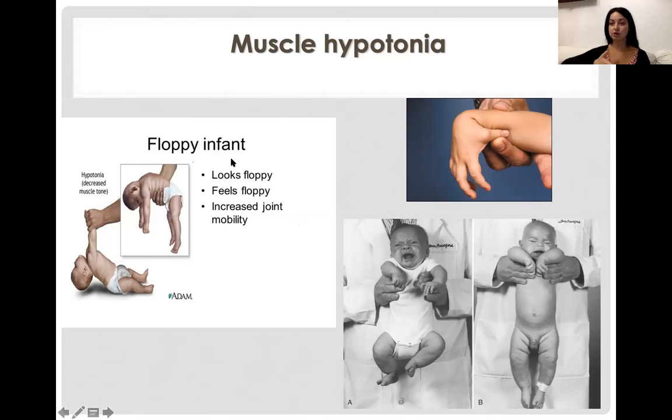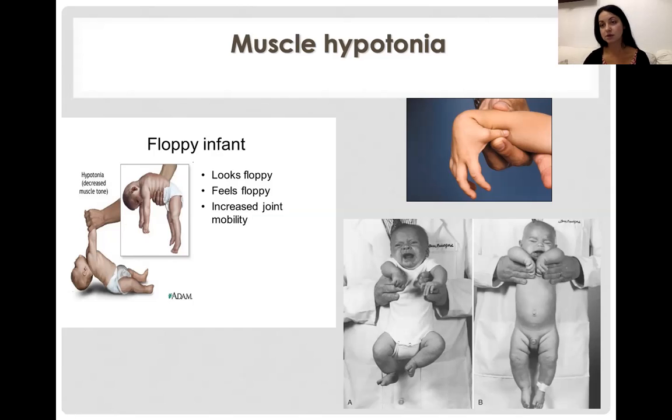And when you change the position, when you lift the baby up, look, his arms and legs are hanging down, they are not flexed at all, which is pathological, and it is symmetrical, yes. And look how easily the head is moving. Why?